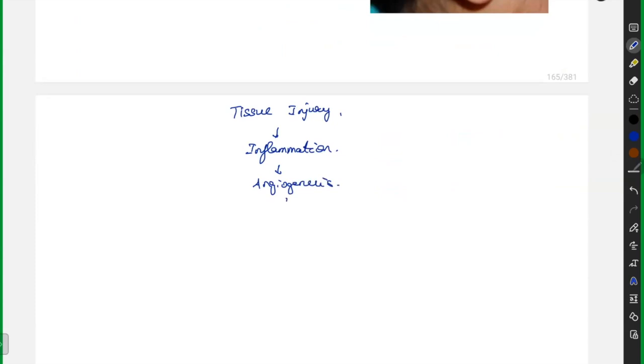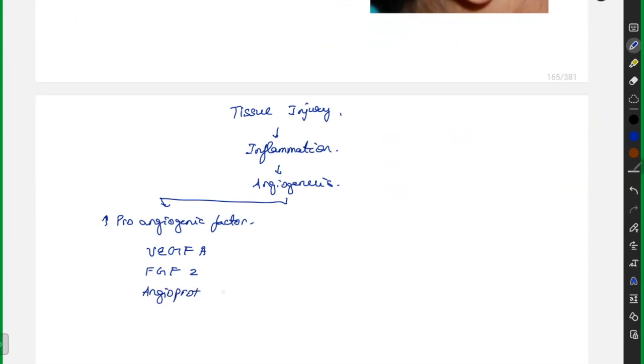This angiogenesis takes place by activating pro-angiogenic factors like vascular endothelial growth factor alpha, fibroblast growth factor 2, and angiopoietin 1 and 2.